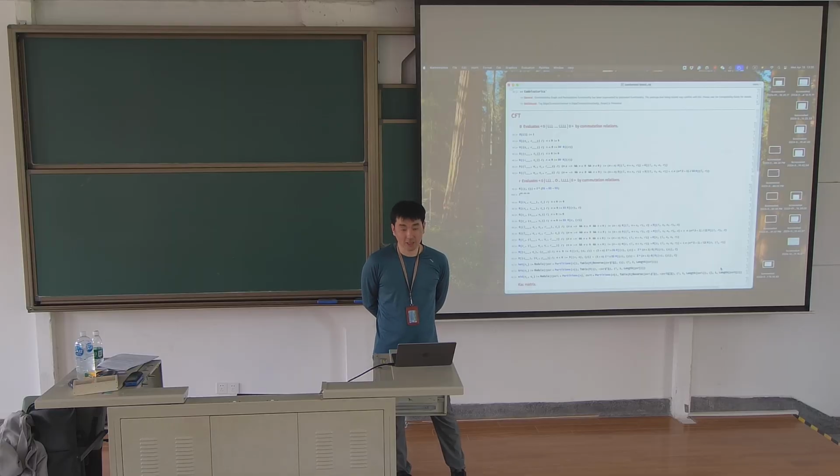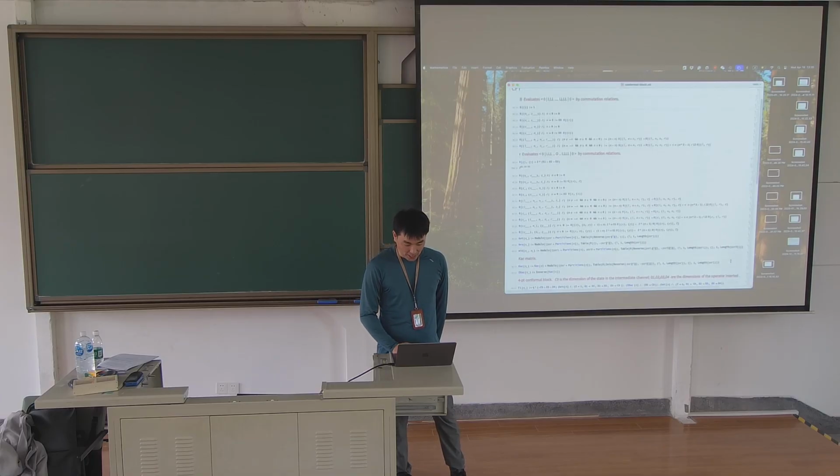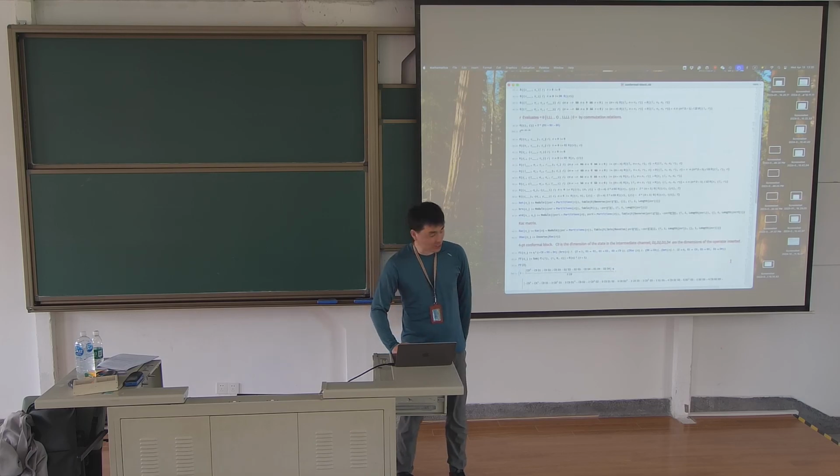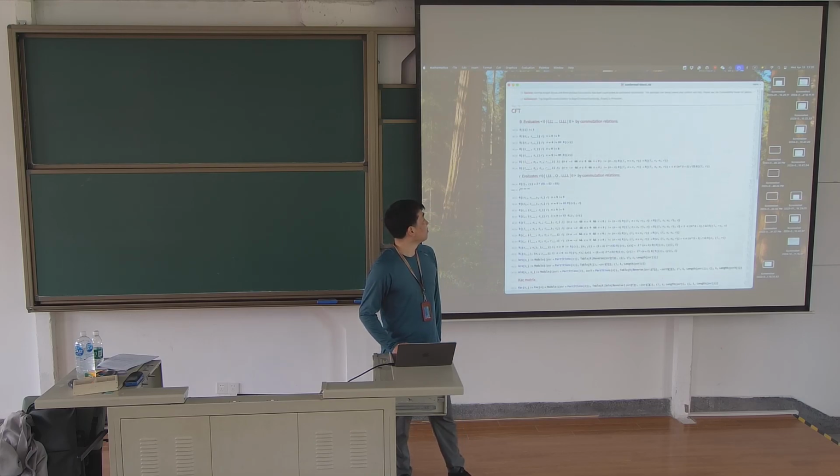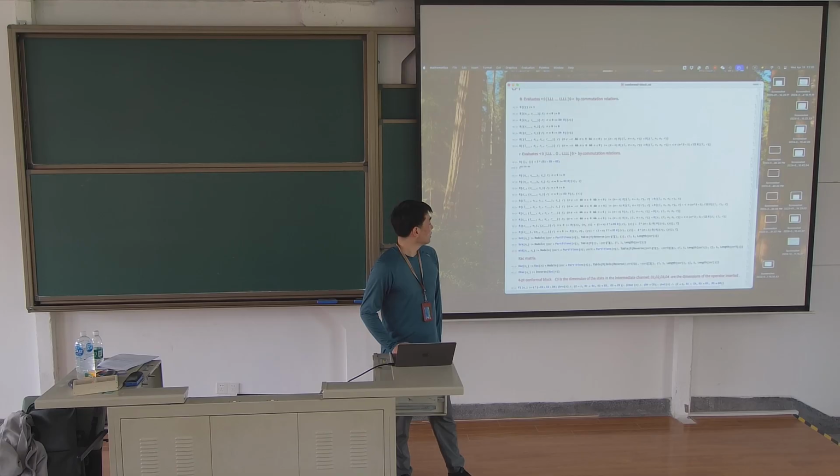Conformal block, how to compute. In fact, if you ask Mathematica, it's easy to evaluate. So this is the code for computing the conformal block, which you can find in the e-learning.